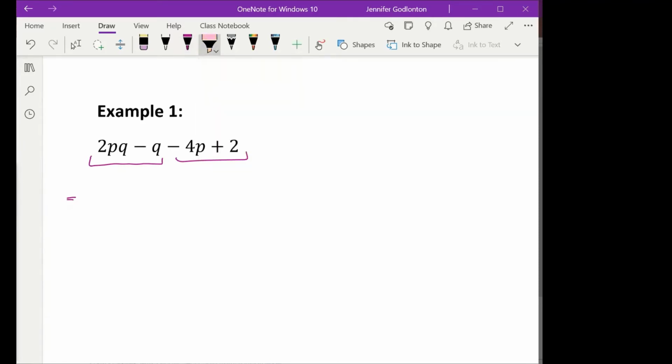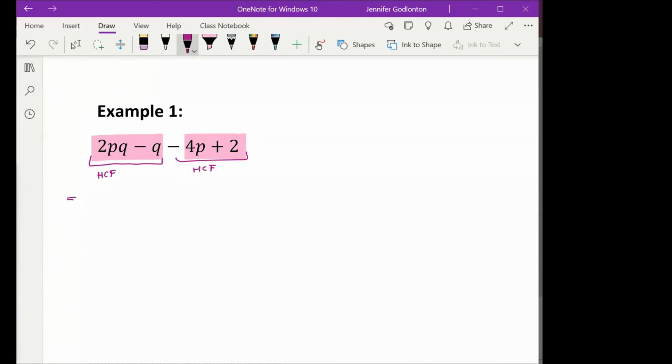So for this one, the first step is you need to tell me what's the highest common factor of each of these two things that I've highlighted. So what's the highest common factor in those first two terms that I've highlighted? 2, ma'am. Does 2 go into Q? No, sorry, ma'am. No.